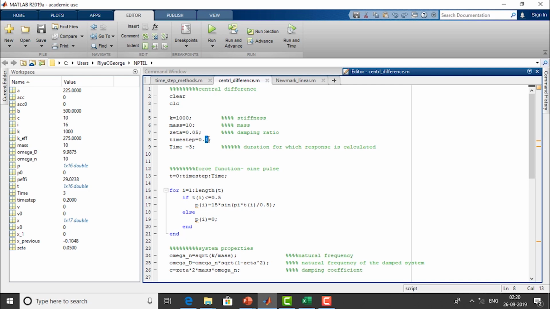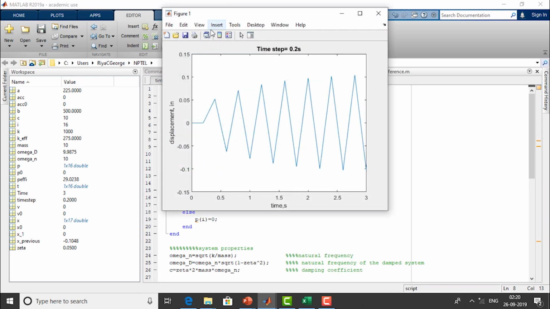Let's see what happens if we increase the time step further. Let's change this to 0.2 seconds. Now with the time step of 0.2 seconds, the response is this, and this behavior is entirely different from what we have seen with the lesser values of time step.